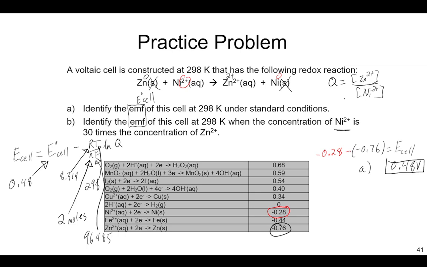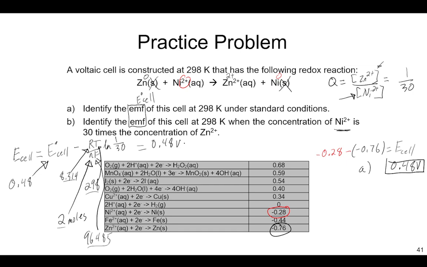And I'm told the concentration of nickel, the denominator here, is 30 times the numerator. So this just represents a 1 to 30 ratio. So Q here is 1 over 30. So now I can solve for my E cell. It's natural log of 1 over 30 times 8.314 times 298 divided by 2 divided by 96485.